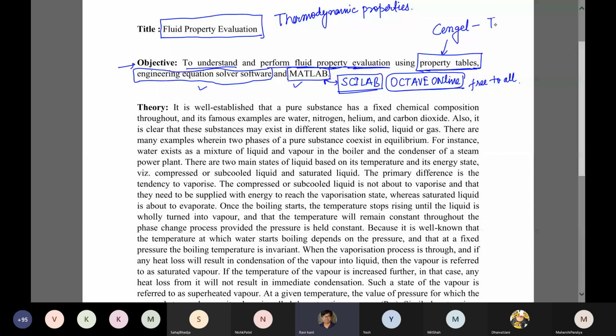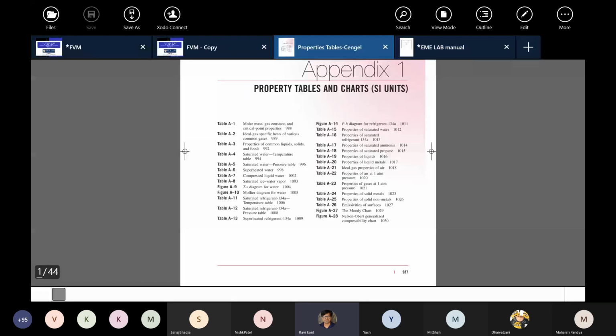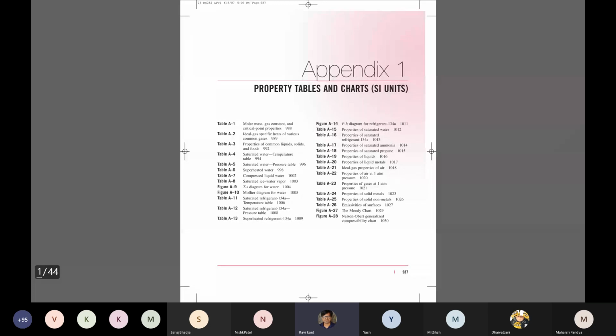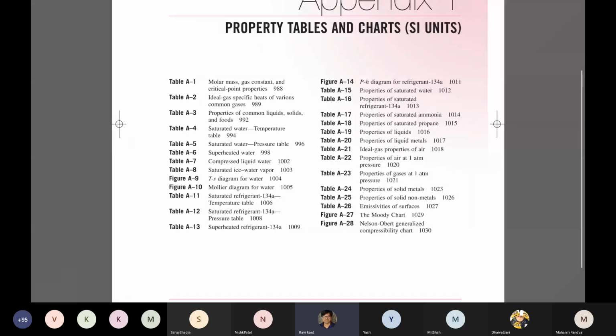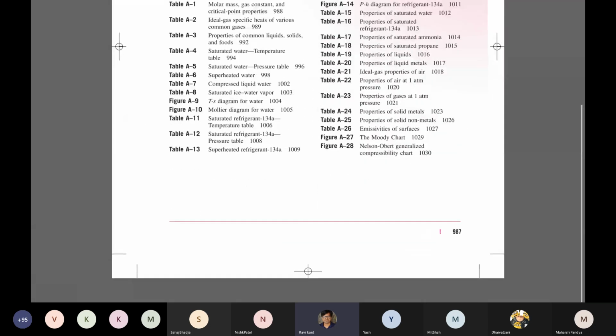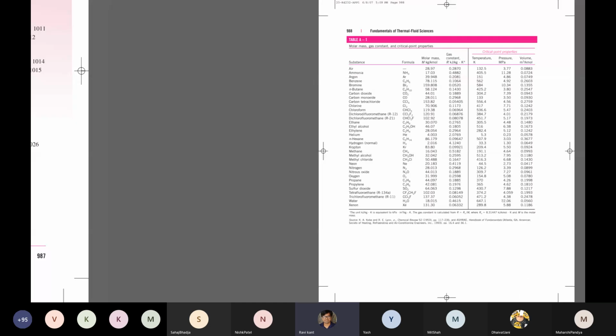In the appendix section, we have this property table with us. Let me show you that also. This is the property table we are going to use. We'll see how we are going to work with these property tables after some time.